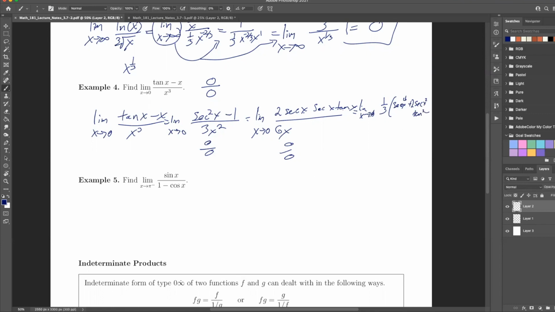All right, now if I plug in 0, tangent of 0 is 0. So this whole term turns into 0. This term just turns into 1. So at the end of the day, this equals a third.